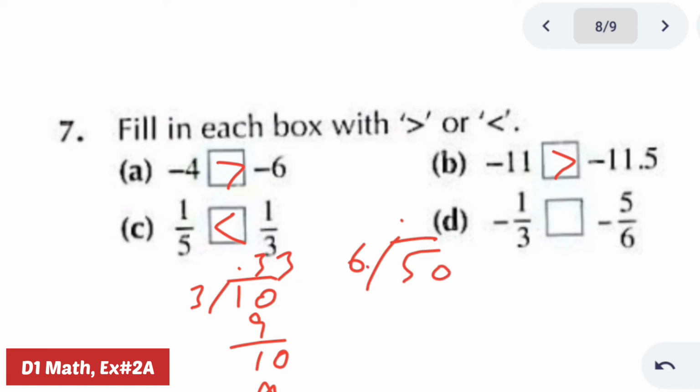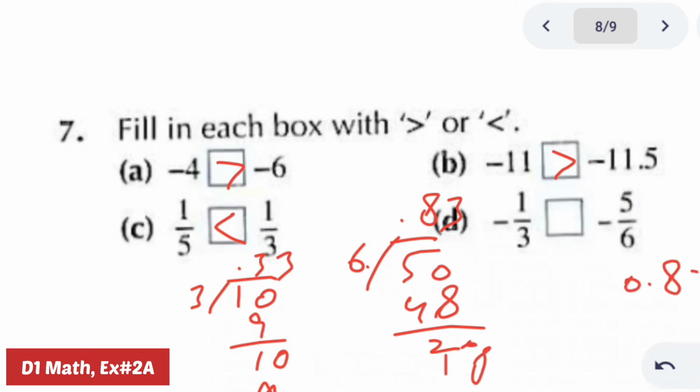Now we have to read the table of 6. So it is 0.83.